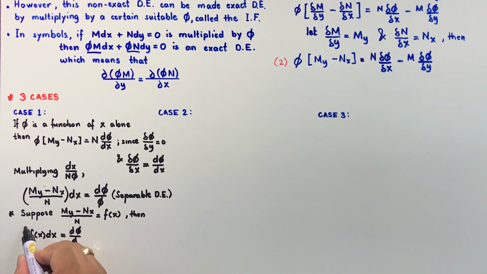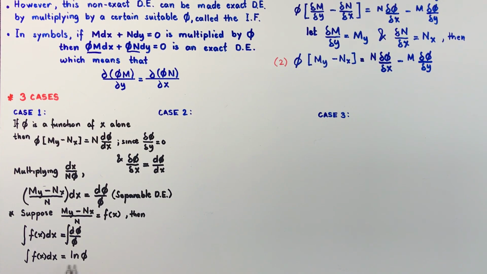So if we take the integral of both sides of this equation, we have the integral of f of x dx equal to the natural log of phi, because we know that the integral of the differential of phi over phi is the natural log of phi.